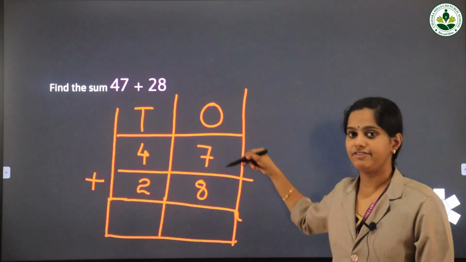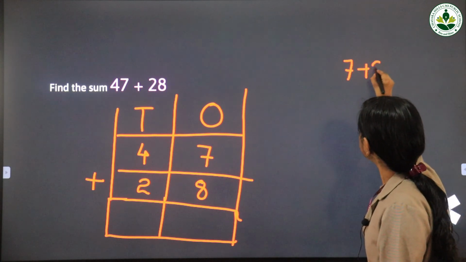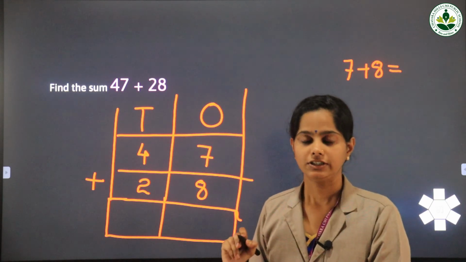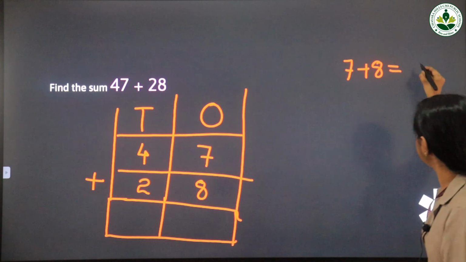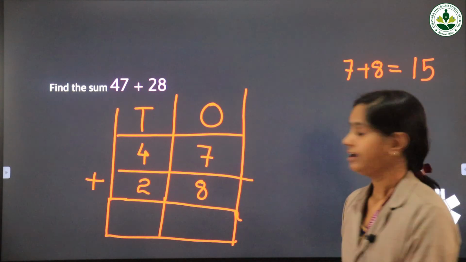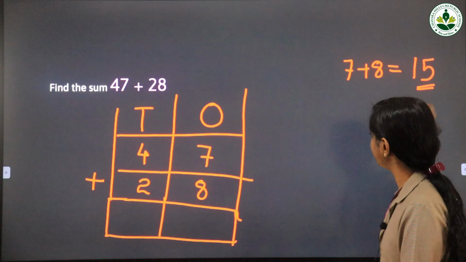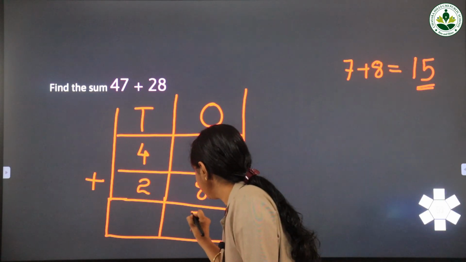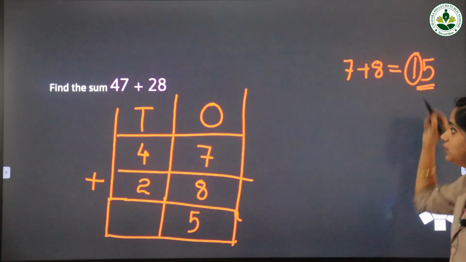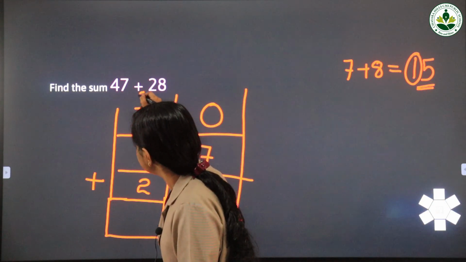First we add 7 plus 8. 7 plus 8 is equal to 15. Okay. We cannot write 15 in the ones place. We only write the digit 5 in the ones place. We write 5 in the ones place and this one will go to which place? This one will go to the tens place.